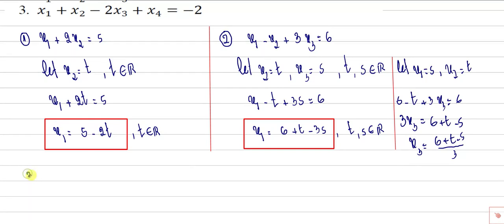And point 3 is x1 plus x2 minus 2x3 plus x4 is equal to minus 2. So first, in general, we let x4, x3 and x2 be parameters to find x1.